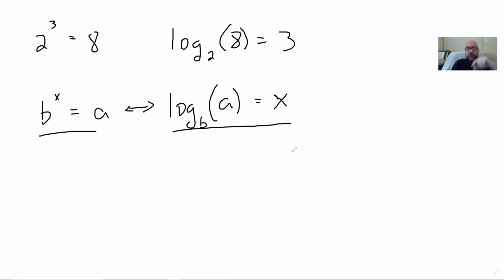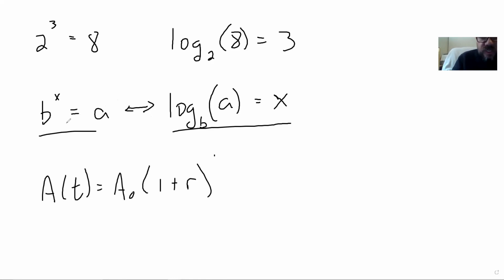The general idea is, if you remember from last video, a really common exponential function in applications is A of t equals A0 times (1 plus r) to the t.